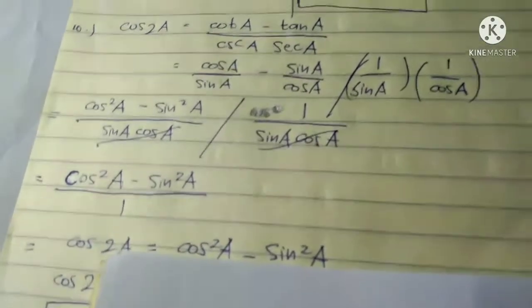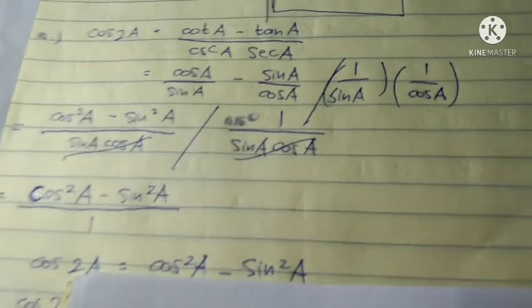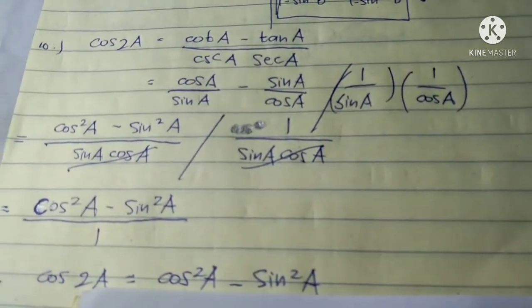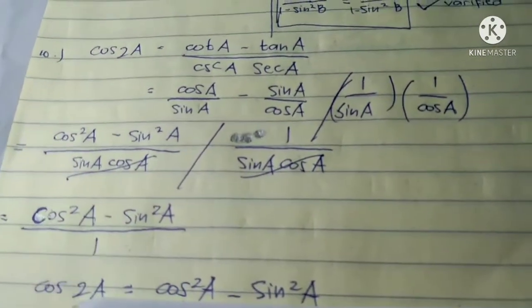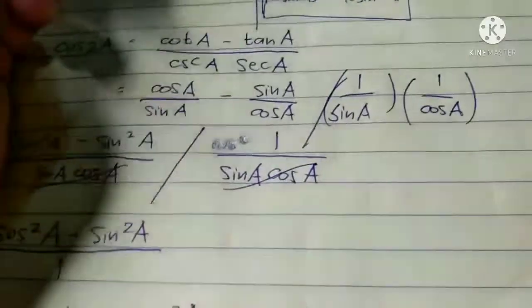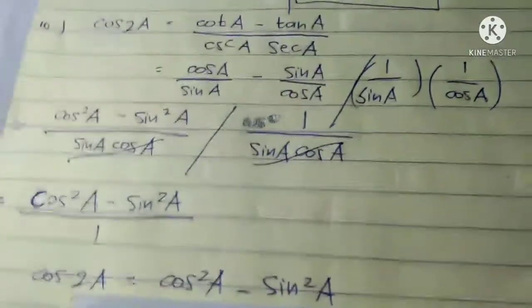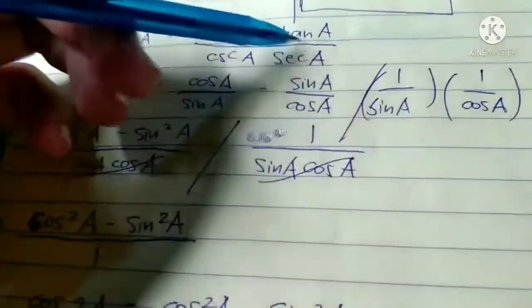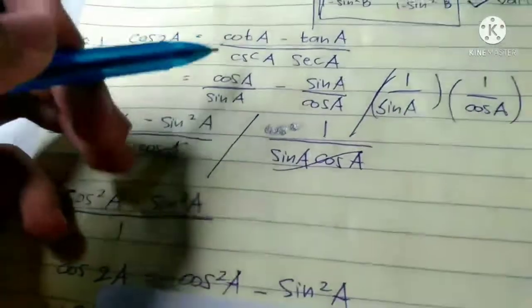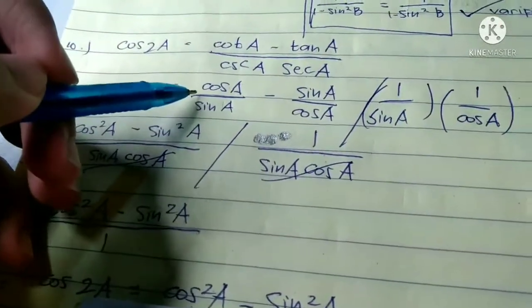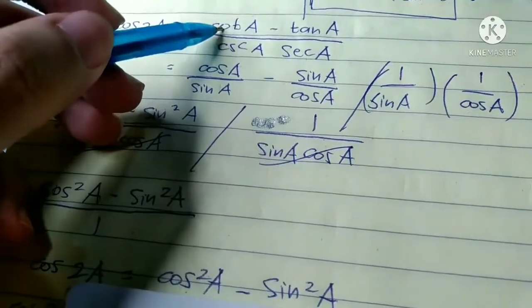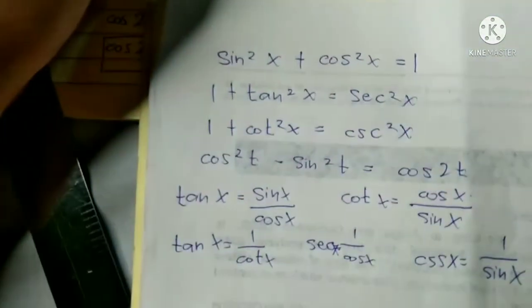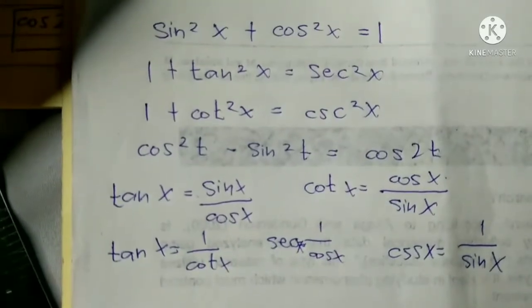Now we are in number 10, and we have here cosine 2a is equal to cotangent a minus tangent a over cosecant a secant a. So to solve this, first I saw this area. So cotangent a, as you can see here, is cotangent x equals cosine over sine x.